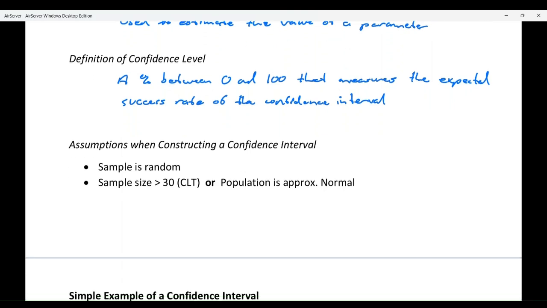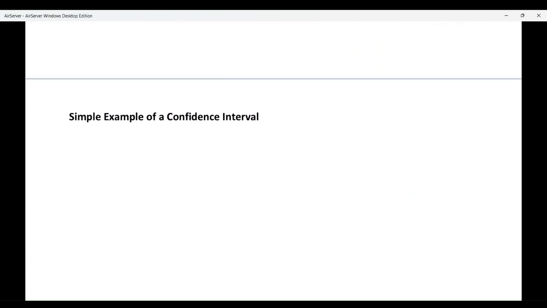All right, so let's take a look at a really simple example. We're not going to get into any deep math, just make sure that we understand this idea conceptually. So let's change the context just a little bit. Instead of the mean weight of adult men in the US, let's talk about the average weight of small dogs.